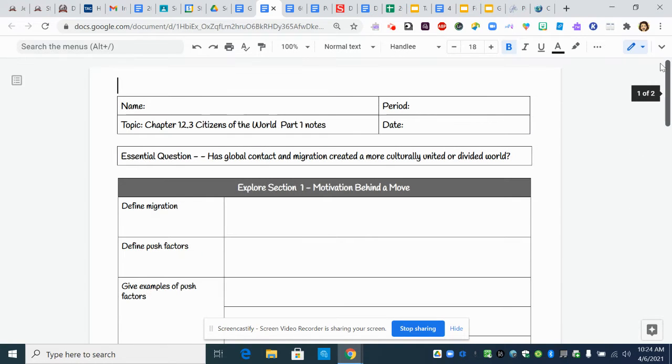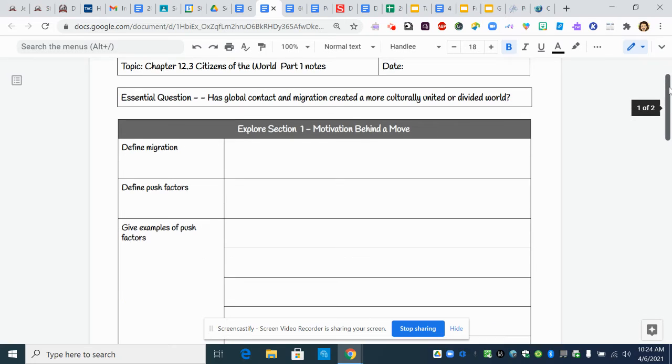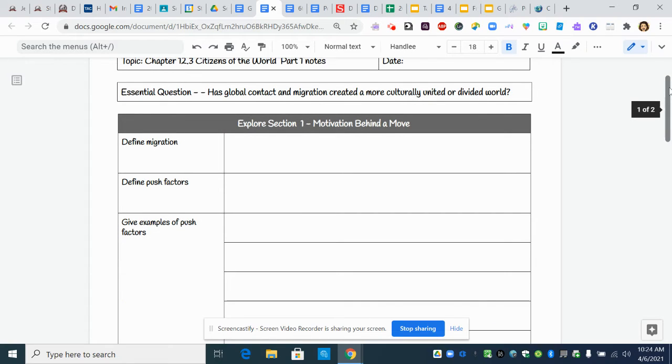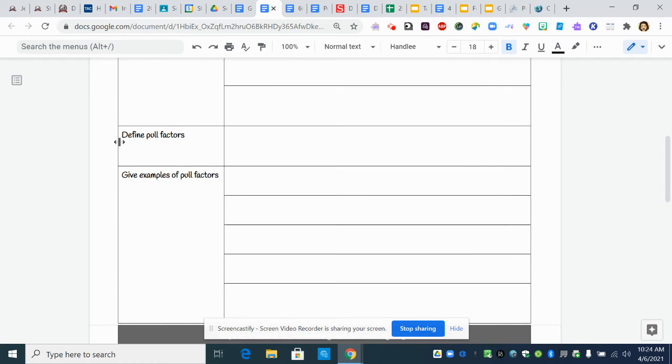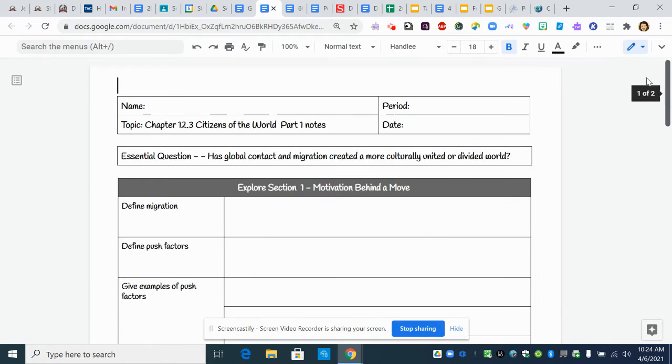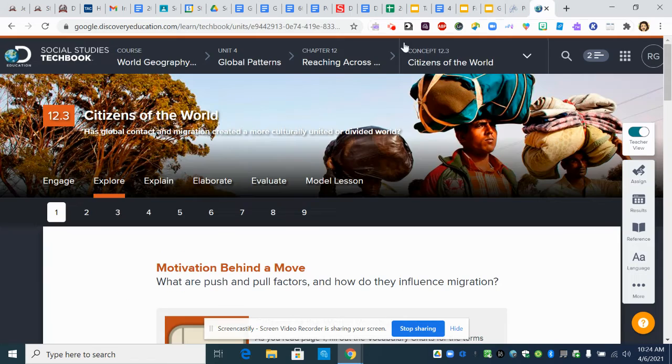So before we read Explore section 1, you can see that what we are going to be defining are the words migration, push factors, examples of push factors. We're going to define pull factors and examples of pull factors. Again, our essential question is, has global contact and migration created a more culturally united or divided world?